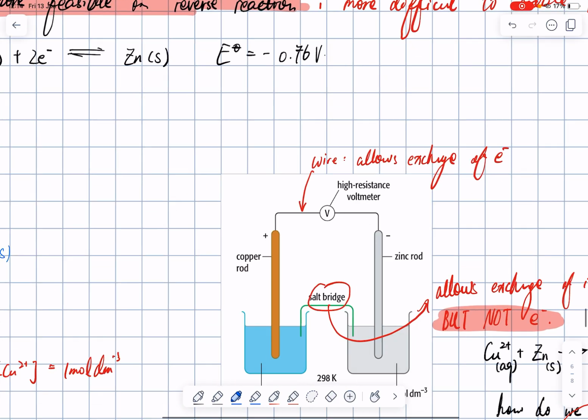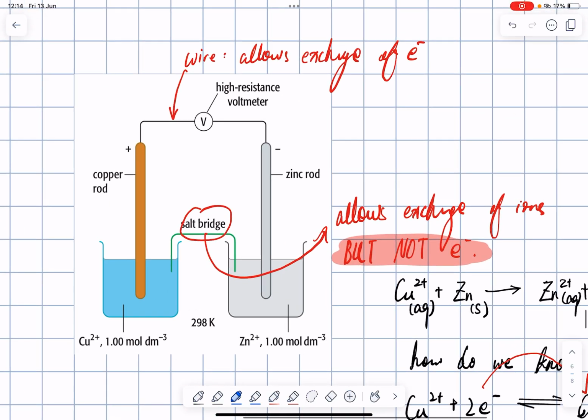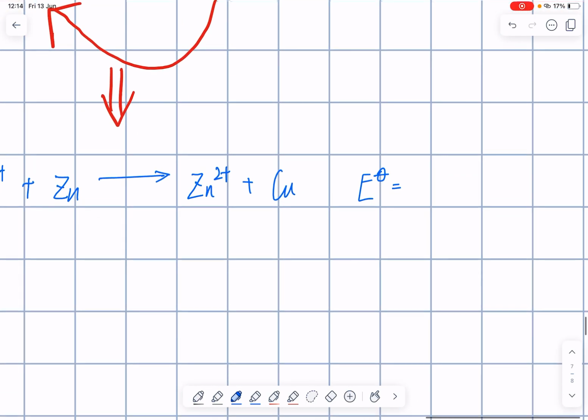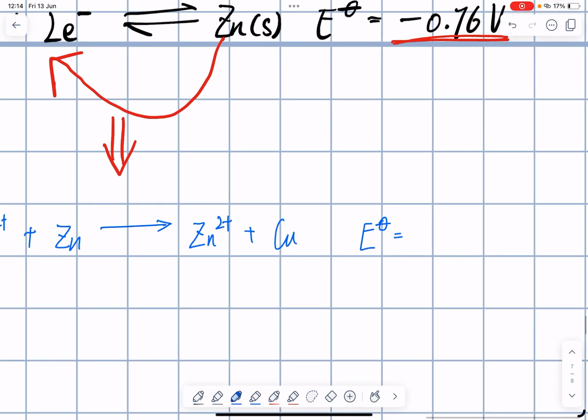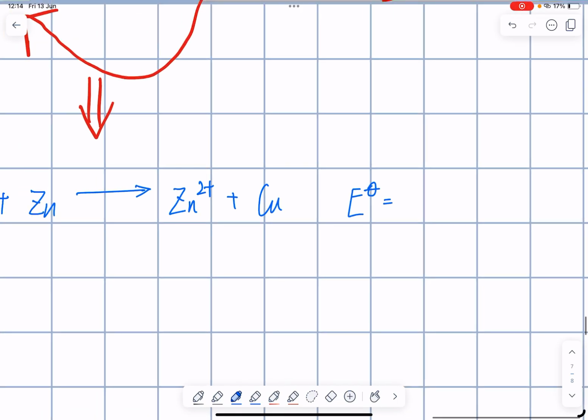If we call something like this a half cell, then two of these, we call a cell. That's purely logic. And we get 0.34 minus minus 0.76, so we got 1.10 volts.